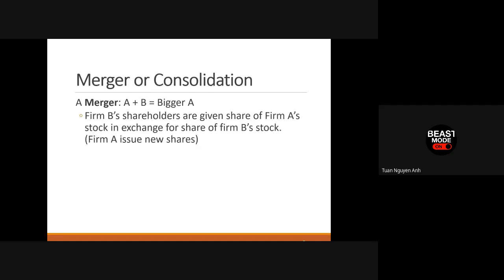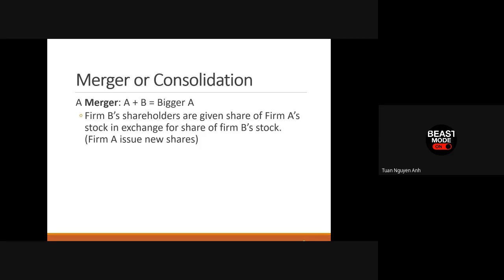Here we talk a little bit about the merger. A plus B becomes bigger A. Here we talk about firm B's shareholders. What happened to them? They are given shares of firm A's stock in exchange for shares of firm B's stock, if you are using the acquisition of stock. Or firm A issues new shares. So there is no cash here.